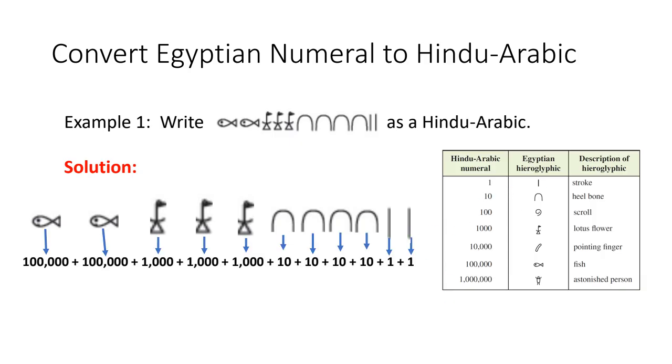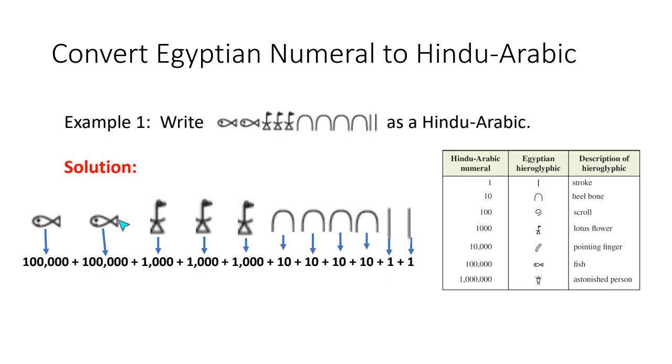For example, the fish, which is right here, represents 100,000. So right under the first fish, I'm going to write 100,000. Then I have another fish, that's 100,000. Then I have a lotus flower, which is 1,000, and I have 3 of those, so I write 1,000 three times. Then I have 4 heel bones, so I have 10, 10, 10, and 10. Then I have these strokes of 1 and 1.